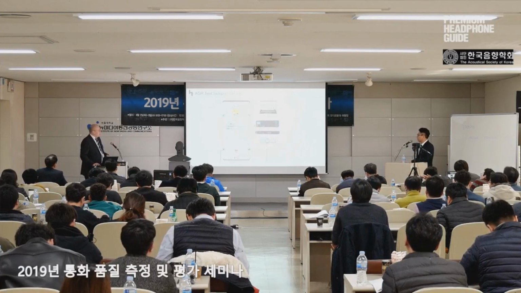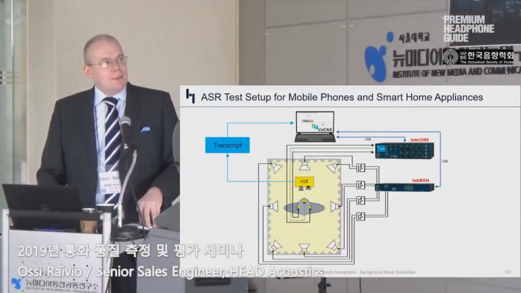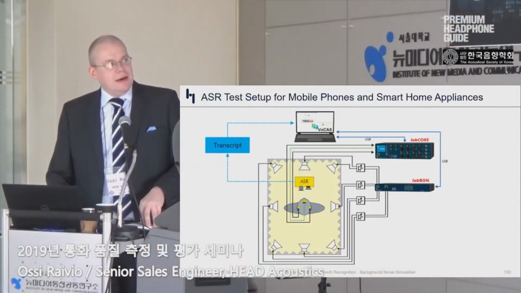So this one is basically showing the test setup in a vehicle. This is now the test setup that I will be basically using here. So in a room for a smart speaker, you would have the background noise simulation. So again, you have the 8 speakers and equalizer. Then you will have the dummy head. And you have the speech assistant.